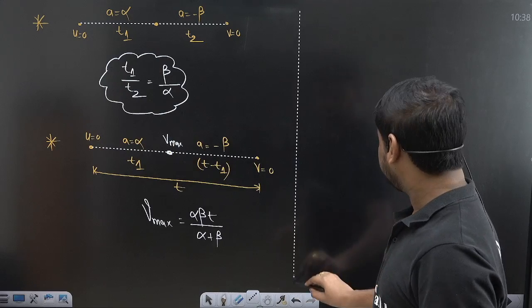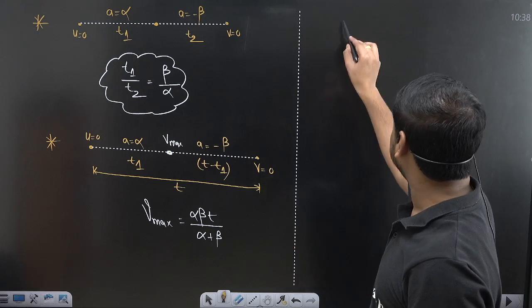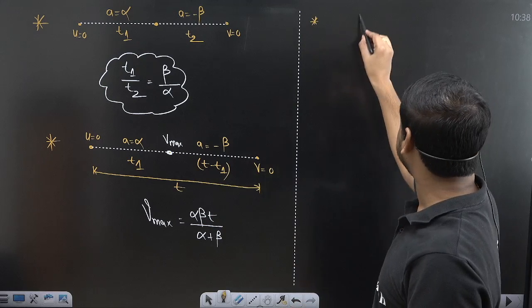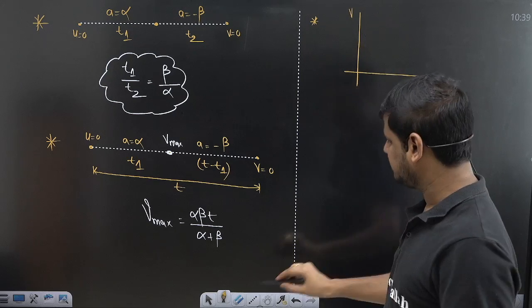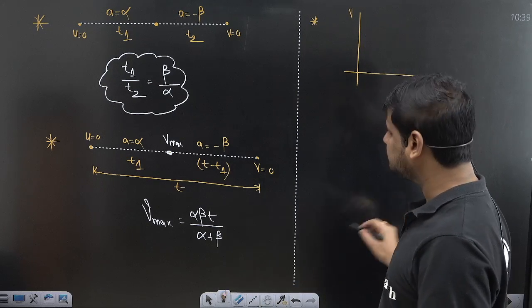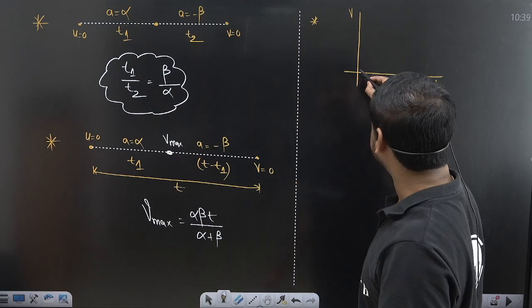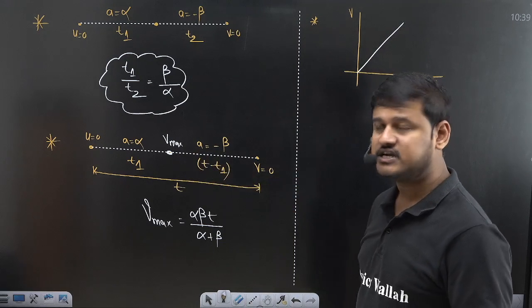And then for the same situation, if you draw the velocity versus time curve, first the body is increasing its velocity and here velocity becomes maximum. It's starting from 0, its velocity increases, here it becomes maximum.